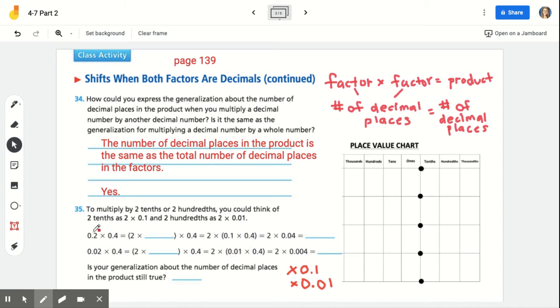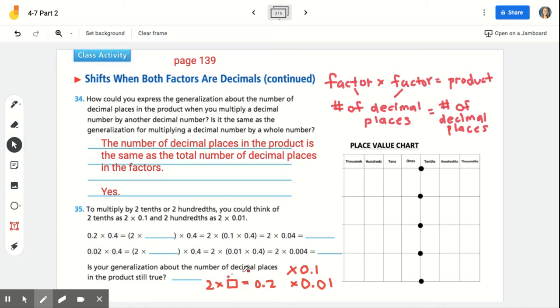So for example, for 2/10 times 4/10, there's an equal sign, and in parentheses, we have 2 times blank. Well, what they're asking is 2 times what equals 2/10? What can I multiply here? So I see we're going from a larger number to a smaller number. This number needs to be less than 1.